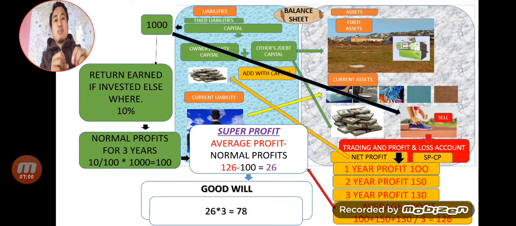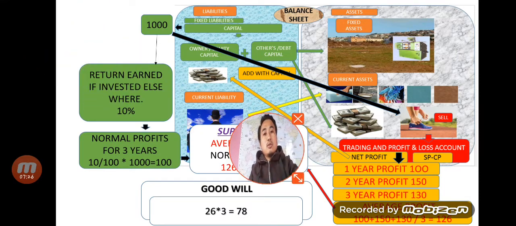But since my objective in this video is not to focus on that, I'll be creating one video on how to create a very good portfolio, or how investors can use this concept to earn profit in the stock market. Today's objective is to help students, and anybody who wants to understand goodwill following the super profit method.